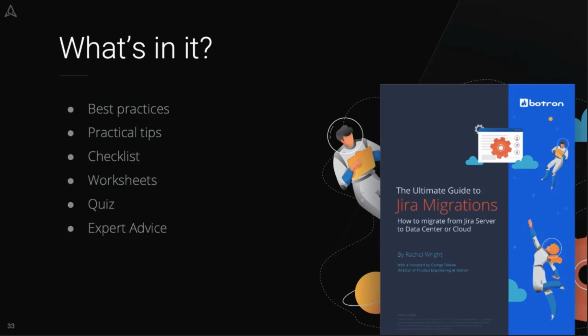It includes best practices for planning your migration, practical tips for preparing, executing, and testing, that 73-step checklist that I mentioned, 16 customizable worksheets that you can download and make use for your organization. They're completely editable and customizable. There's that quiz for determining the best deployment method for your situation. And of course, our expert advice and Rachel's expert advice throughout.